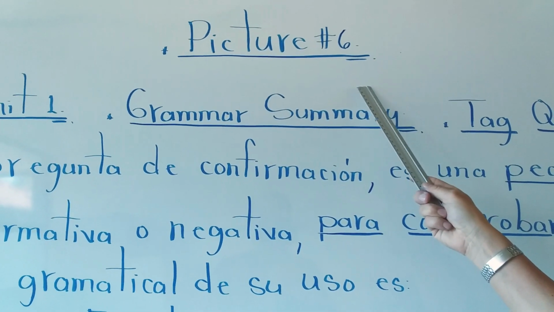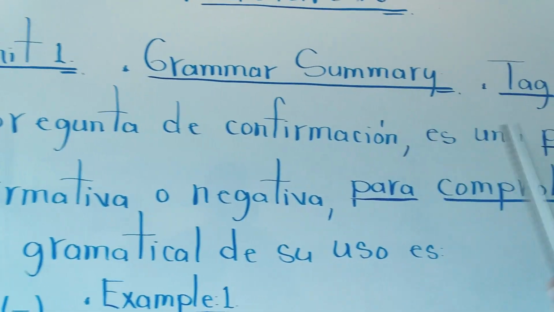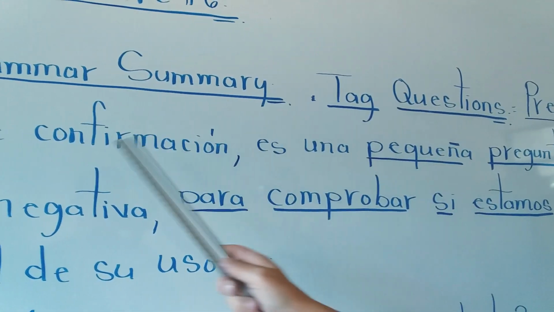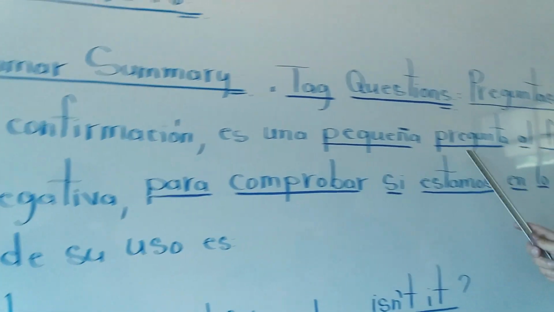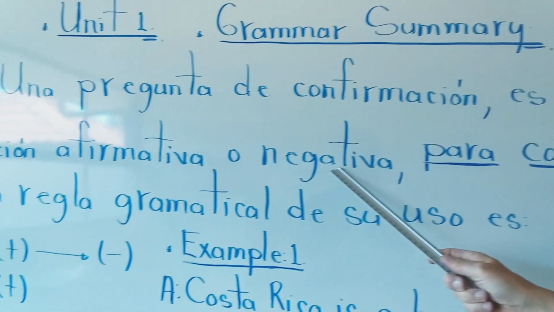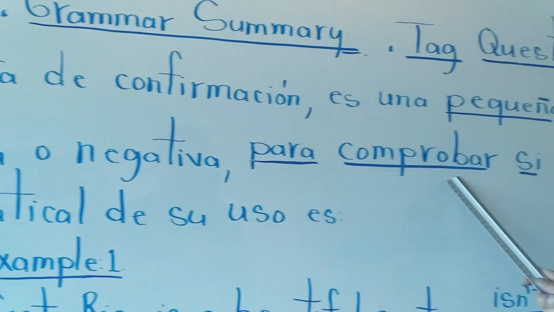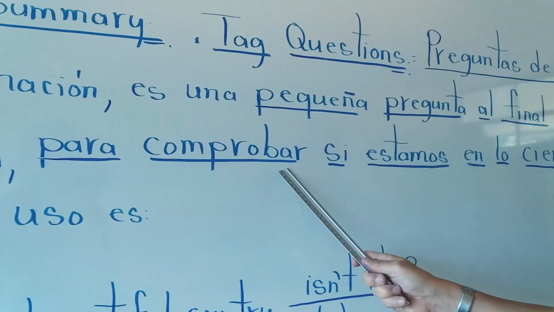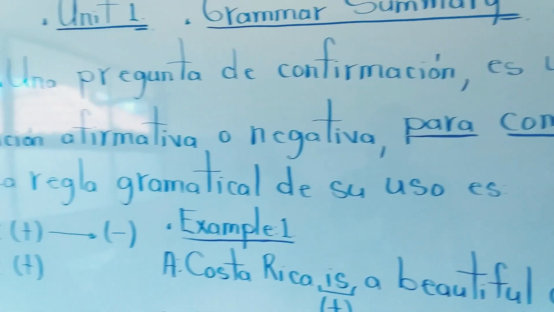Picture number 6, Unit 1, Grammar Summary. Tag questions. A tag question is a small question at the end of a negative or affirmative sentence to prove or agree or disagree with an idea.